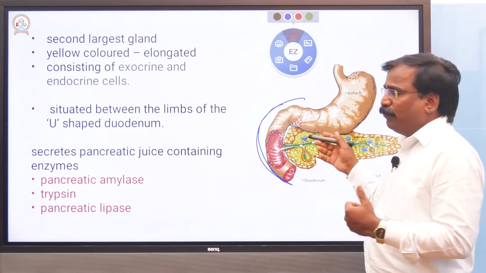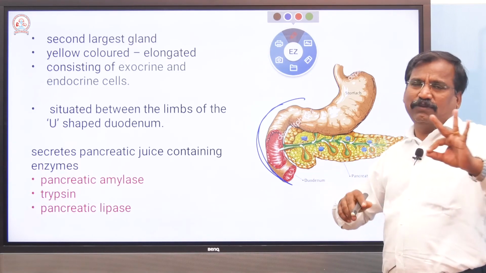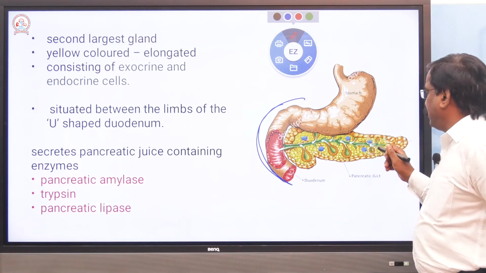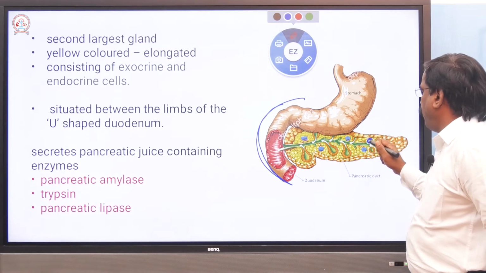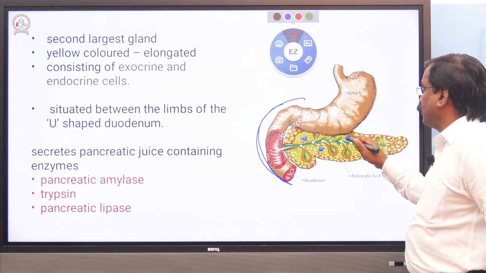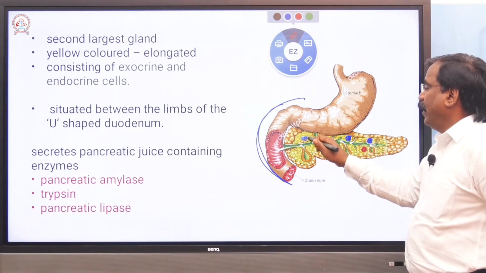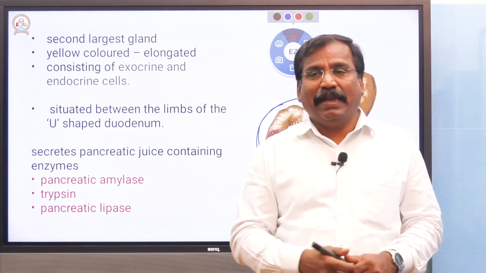Basically it is a 100% exocrine gland. And very important, in the blue color, some patches of endocrine cells are there, that are called islets of Langerhans.